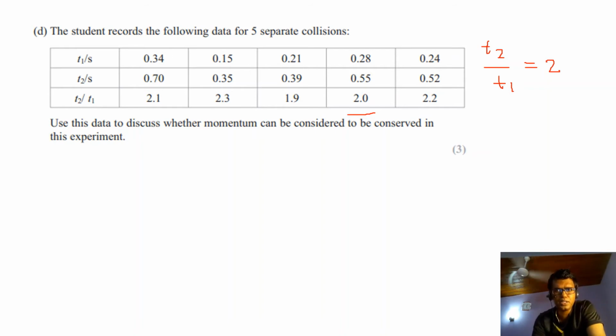What are we going to do with all this data? We can check the uncertainty of these data. How uncertain? So what is the range and the percentage uncertainty of these data? So first of all, we can find the average of T2 over T1.